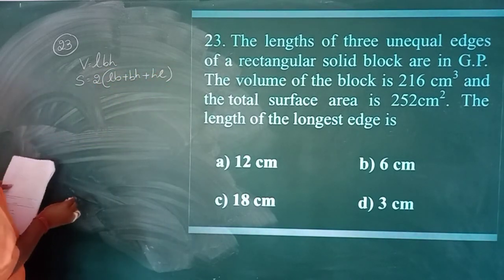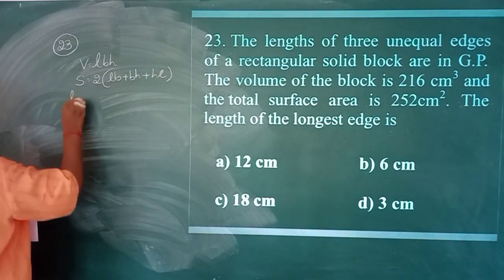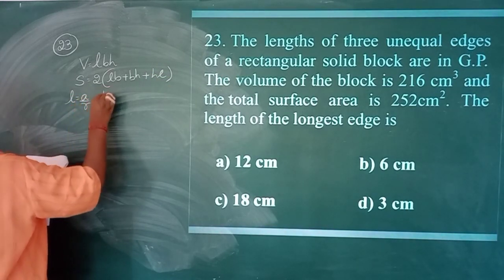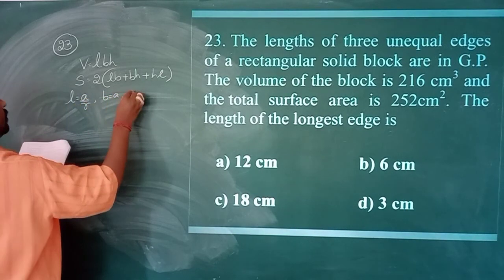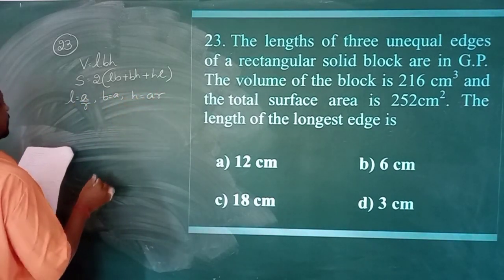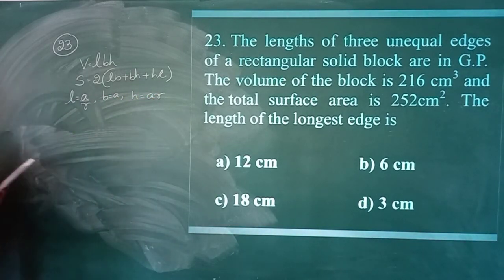Since they are in GP, you can take L equal to A by R, B equal to A, and H equal to AR. Substitute in this formula for volume and surface area.